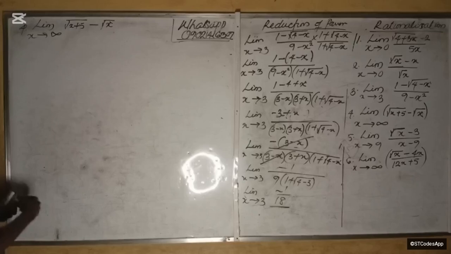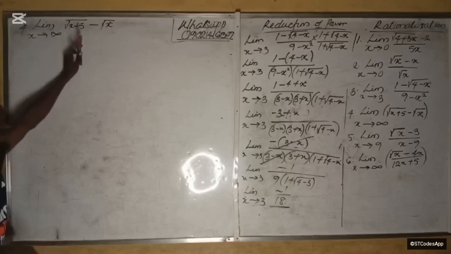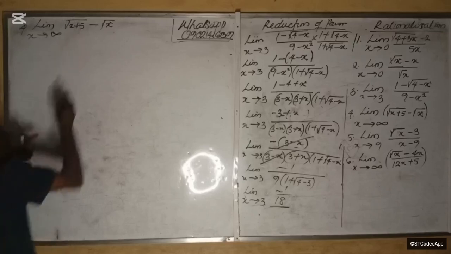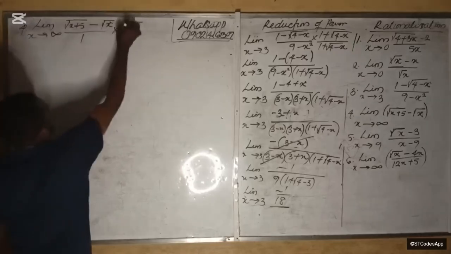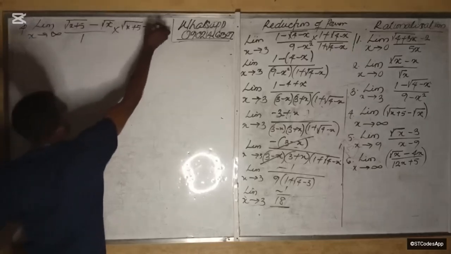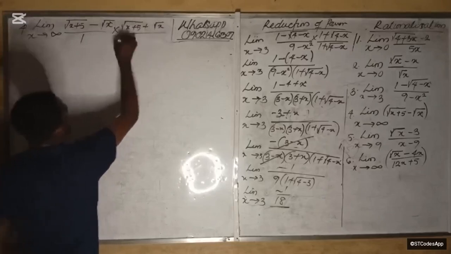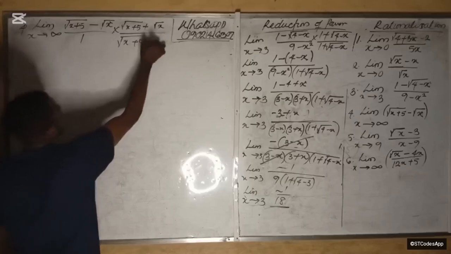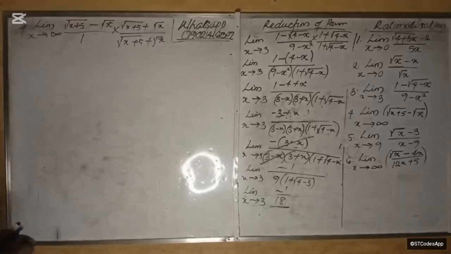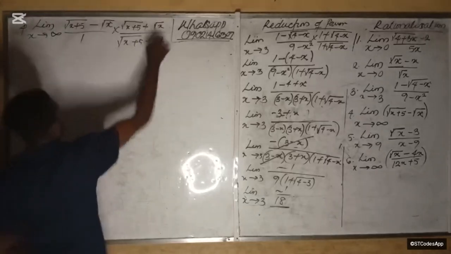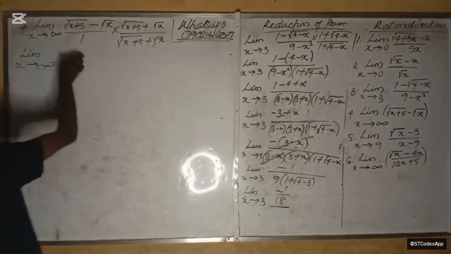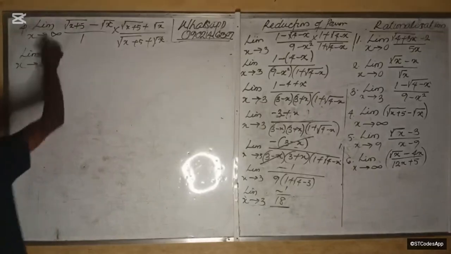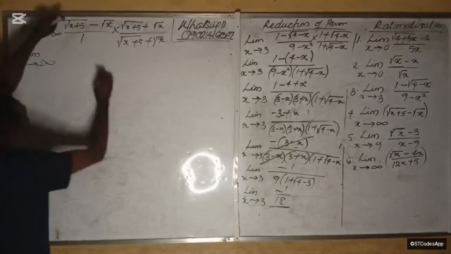Sometimes I want to write 3, I'll write 2. Yeah, it happens. Okay, so here, if you want to rationalize this, you put this over 1, then you multiply by the conjugate of this term, which will be square root of x plus 5 plus root x, all over square root of x plus 5 plus root x. So by the time you multiply, your limit as x tends to infinity of this expression becomes this multiplied by this.